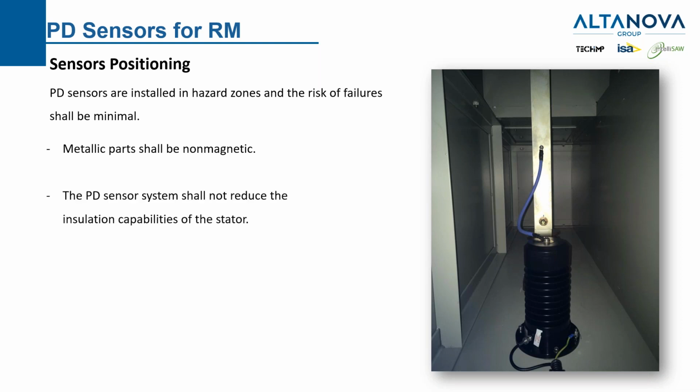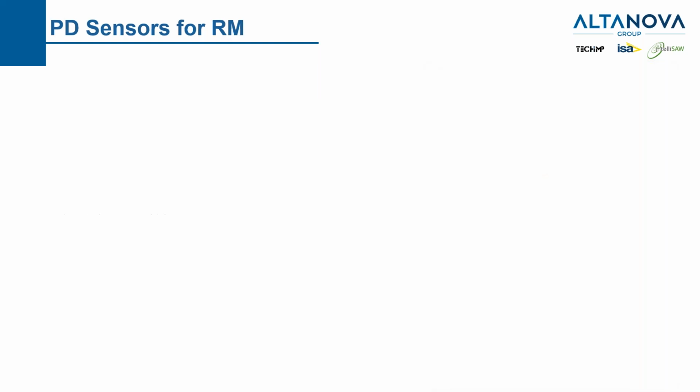We should have a PD sensor that does not reduce the insulation capabilities of the stator and of the bus bar section. We should have sensors that are okay with the ongoing temperature and vibration stress. And in the end, very important, we should make a proper installation with proper spacing, avoiding corona and surface PD that would affect the PD measurement for the rotating machine.